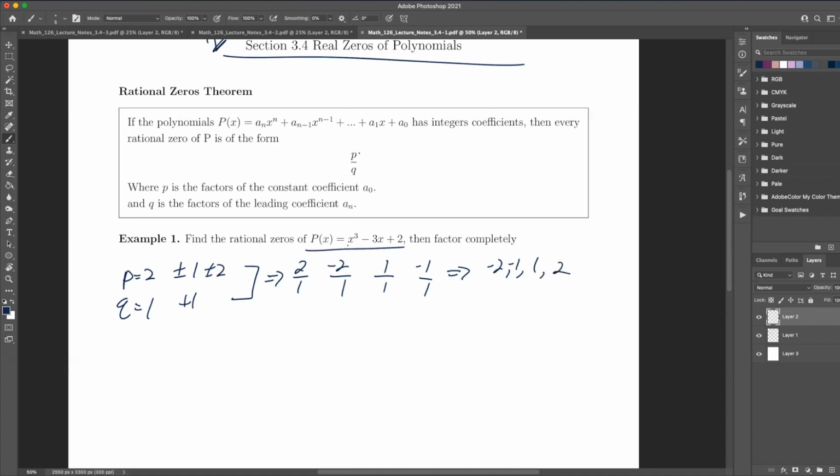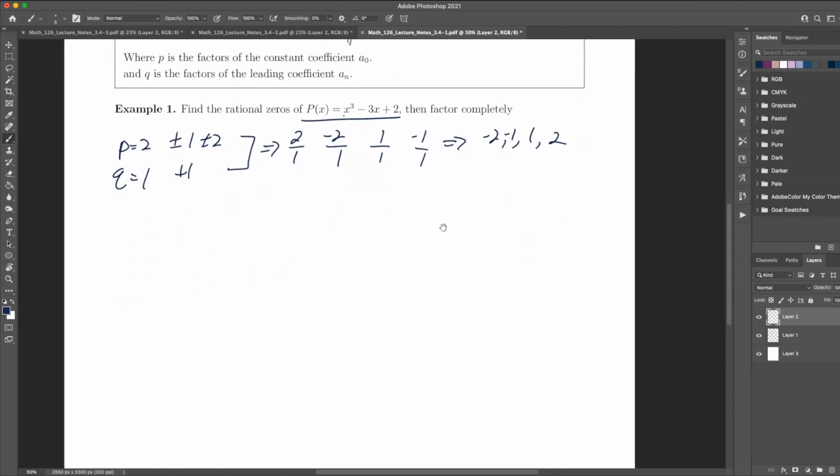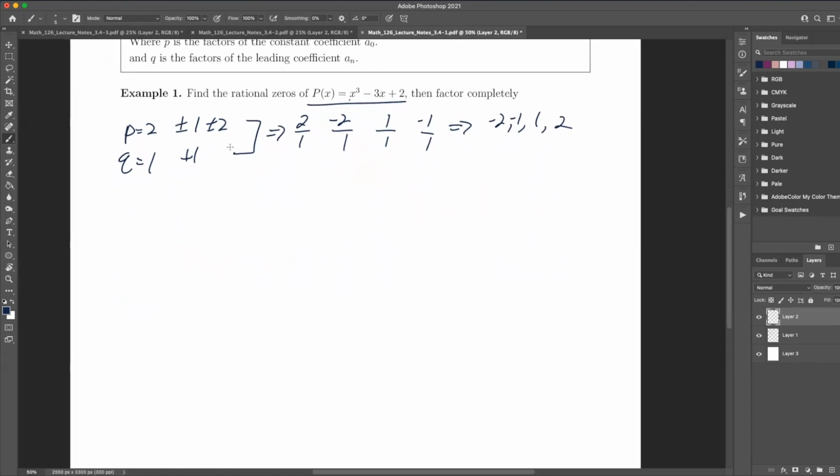So these are all possible zeros. And one thing you can do, and I'll show you what we really do in practice, is you can just plug each one of these in.